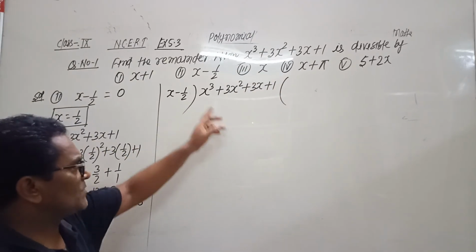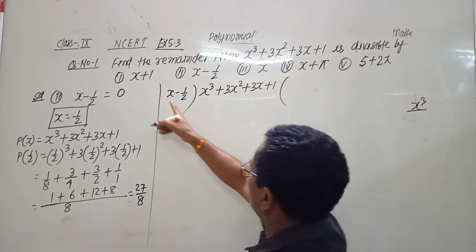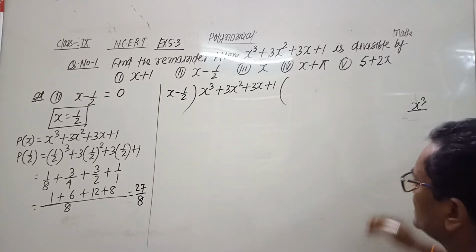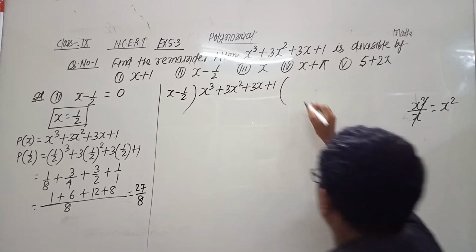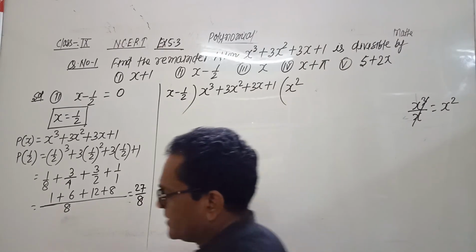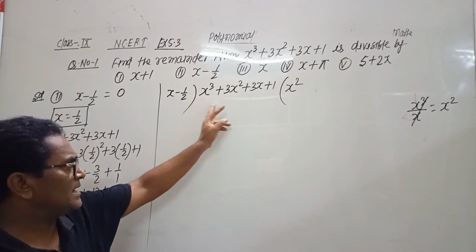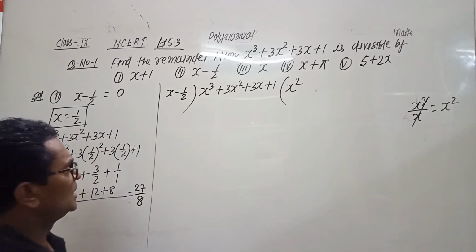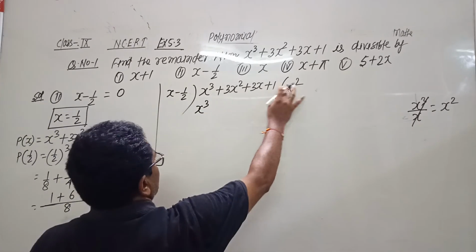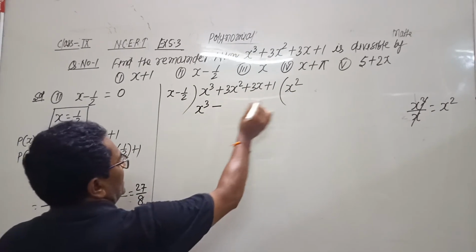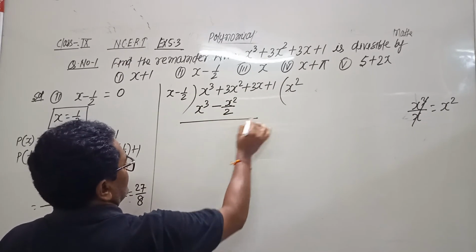So the first term of the dividend is x cube and the first term of the divisor is x. So x cube divided by x becomes x square. So here we write x square and we multiply x square by both the terms and write it down at this place. So x square into x gives x cube, and x square multiplied by 1 by 2 gets x square by 2.